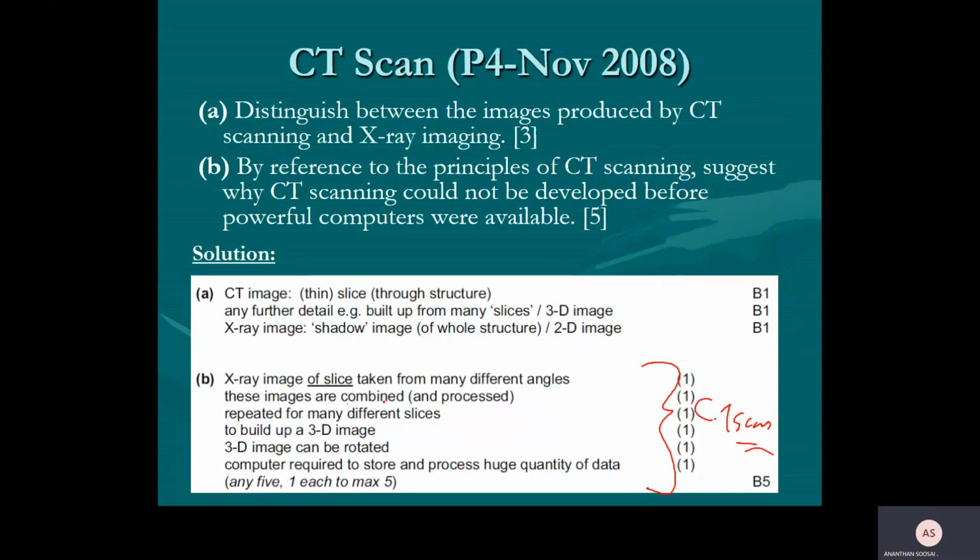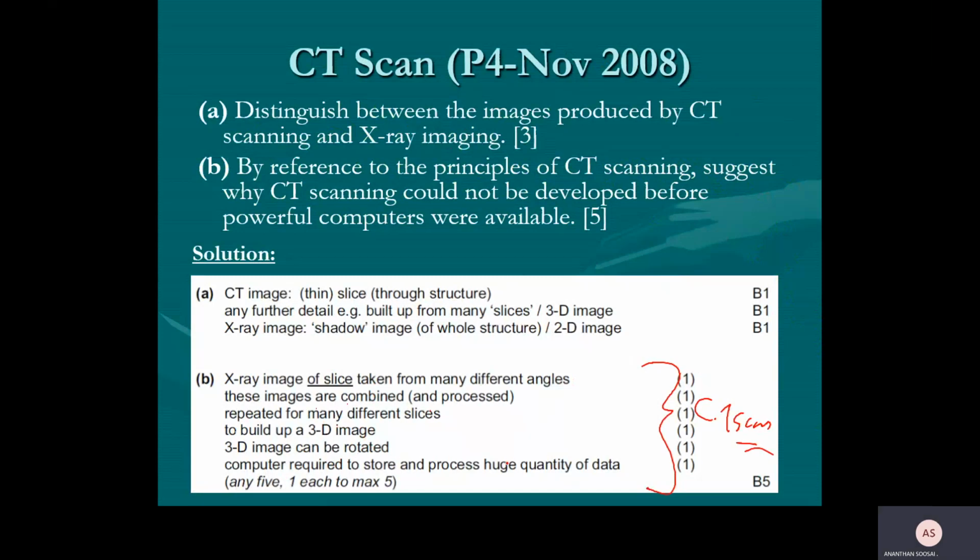So CT scan, a slice of image at different angles is produced. These images are combined, and repeated for many different slices. The first slice, they take imaging at different angles. Then they repeat for the next slice, taking the image at the next slice, to build up a 3D image that can be rotated.